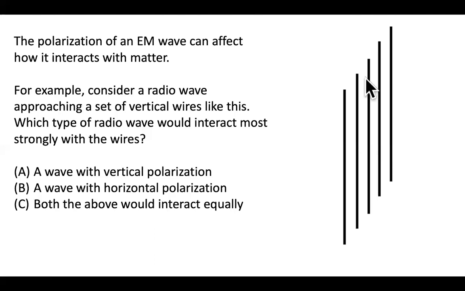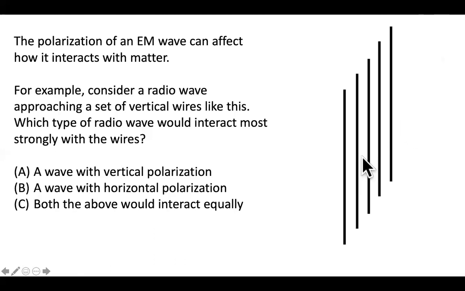That current can then drive changes in the electric and magnetic fields, which then affect how the wave propagates. So a vertically polarized wave hits these and interacts with it strongly. In fact, this works more or less like a solid sheet of metal. This is reflective to vertically polarized waves.